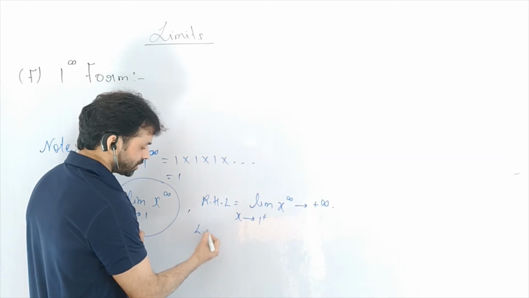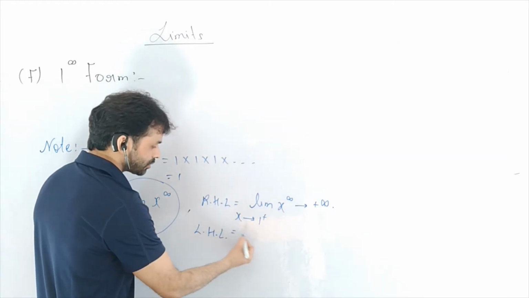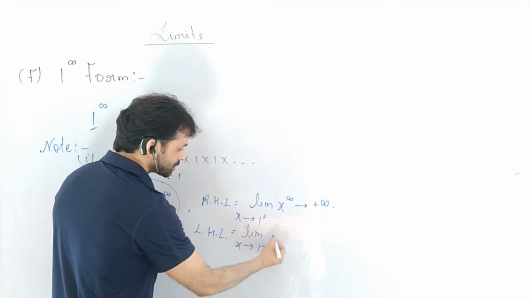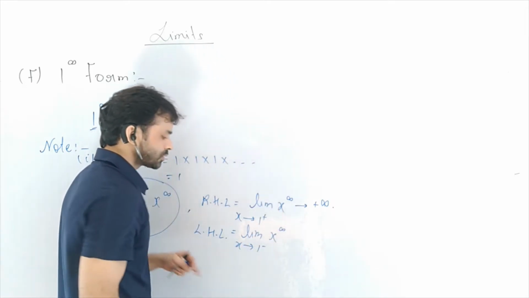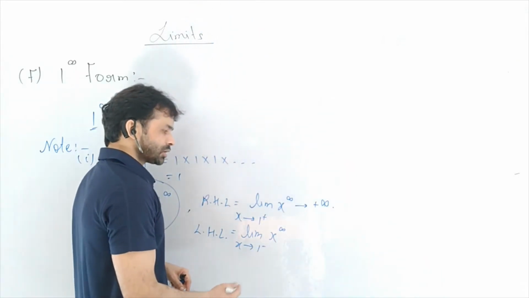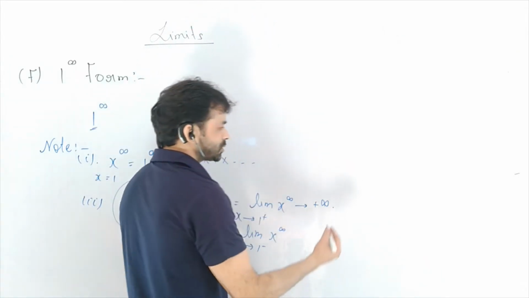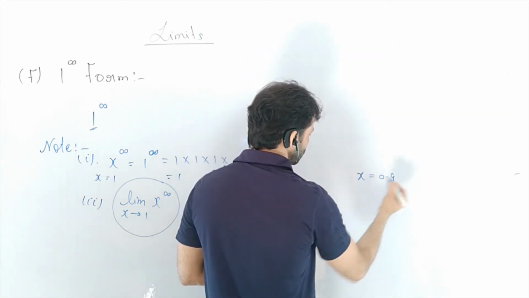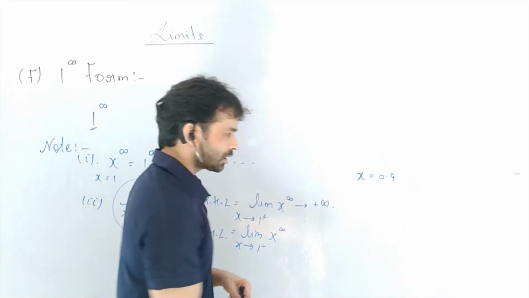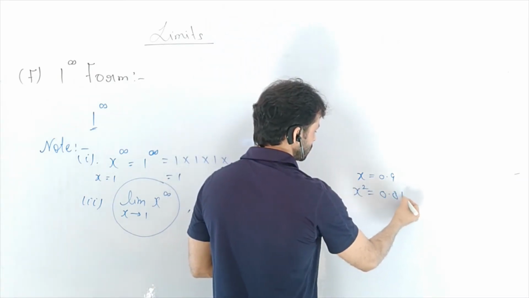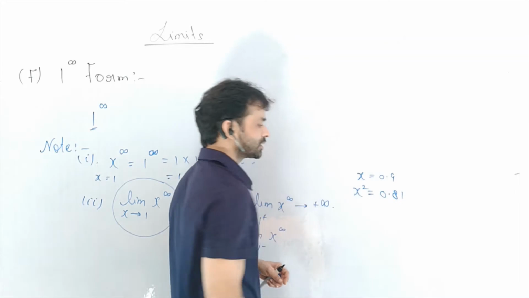But while finding the left hand limit, you have x tends to 1 minus, so the value is less than 1. Let's say, for example, I take 0.9. I take the square, 0.81, the value decreases.